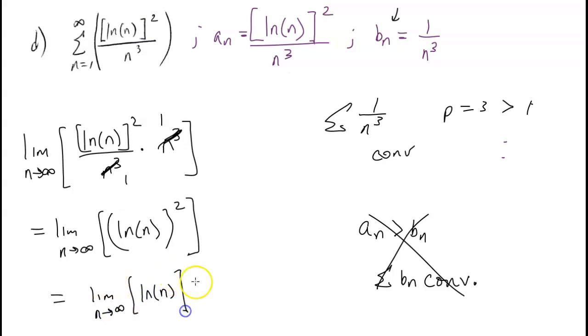So I would have to look at it like this. And of course, we know that natural log of infinity, when I plug in infinity for n, will be infinity. And infinity squared is infinity. So all of this is just equal to infinity.